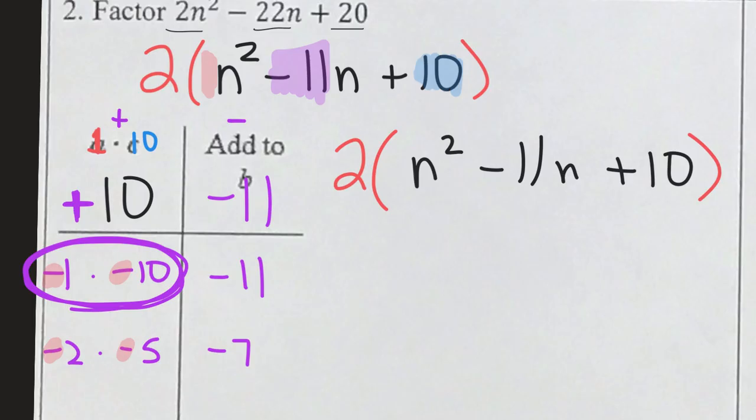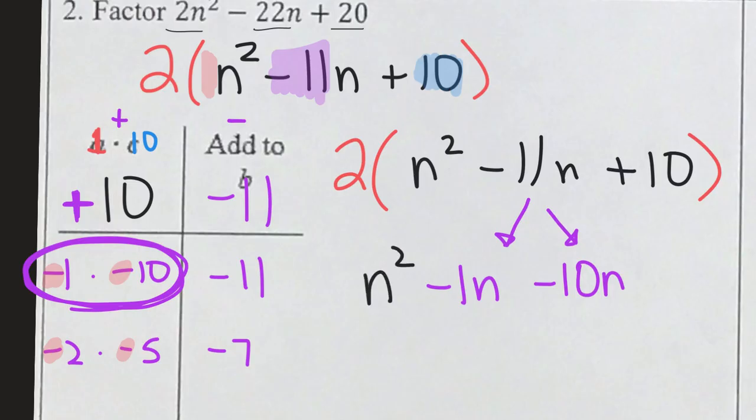We split the negative 11n into negative 1n minus 10n. Okay, so we split that middle term. They both need to have letters. They both need to have your variables. So they both have an n. And then we write down everything else after that.